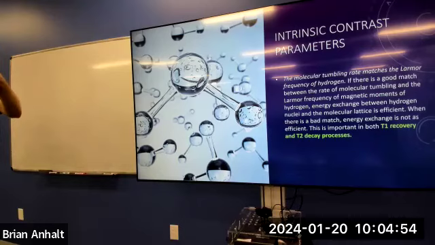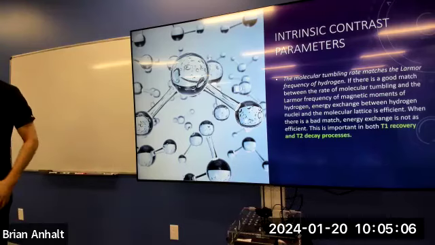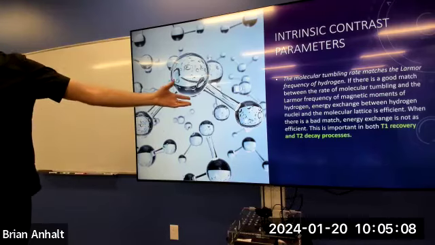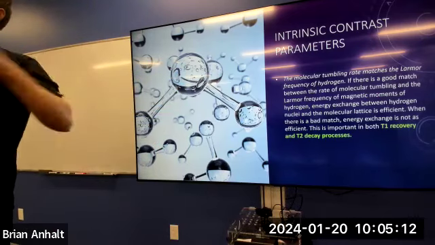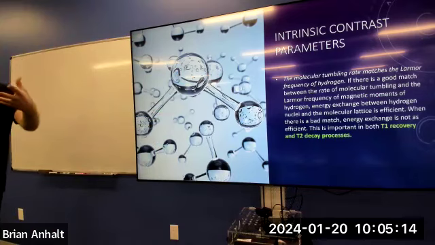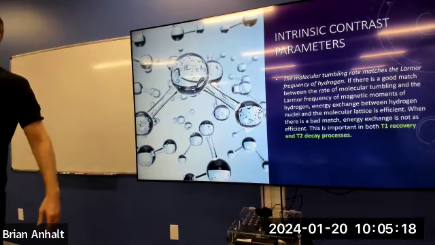I know it's hard to imagine, but remember, T1 relaxation is also spin-lattice relaxation, right? It's energy being released from the protons back to the molecular lattice. If that molecular lattice is vibrating at a very similar rate that the protons are precessing, that energy is going to transmit from those protons to the molecular lattice quicker. And it'll speed up T1 relaxation, right?